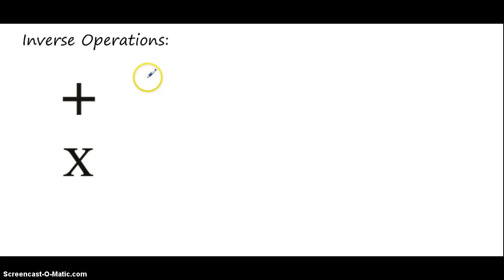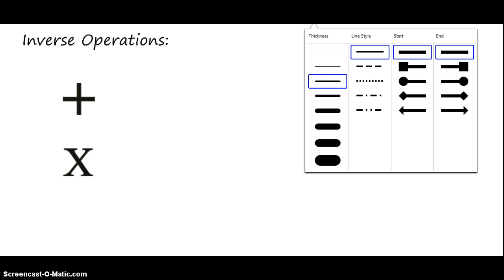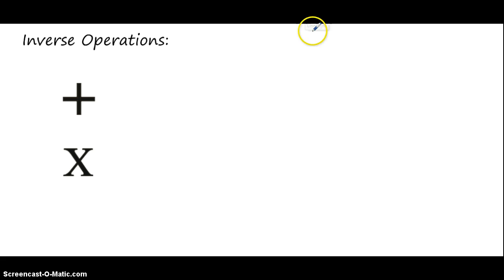So let's think about inverse operations. Inverse operations means an operation that you can complete to undo something that you've done. So let's imagine that you've added 3. Well, how are you going to undo that? The inverse operation of addition is to subtract.